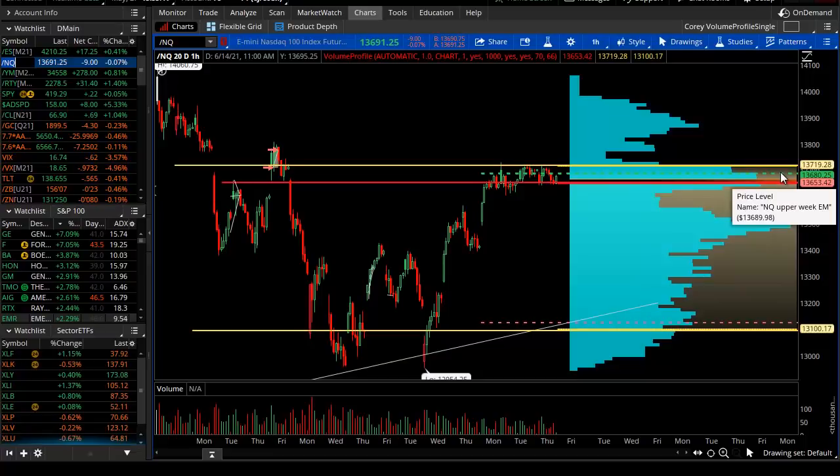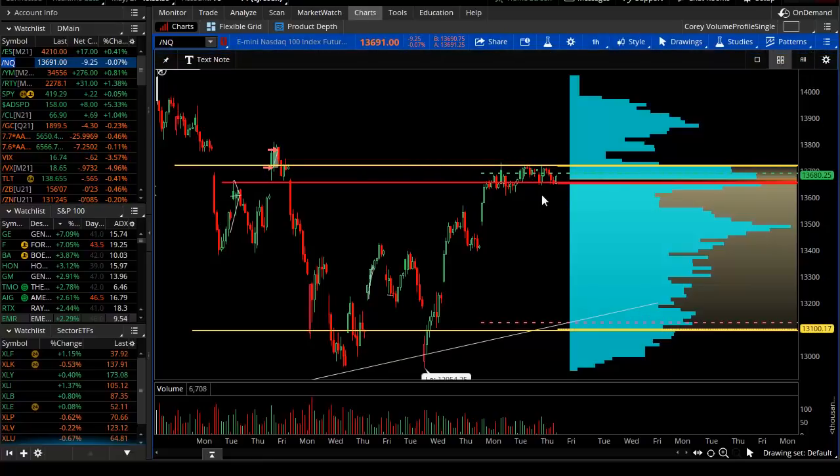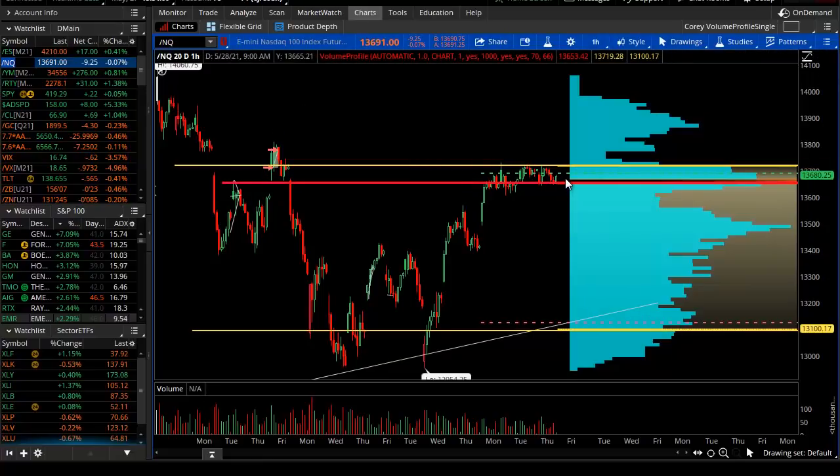So that weekly expected move I have a little bit different, but it's 13,000 at about 680 for the Nasdaq, and that's where we find ourselves going into the end of the week. Top of the profile is about 13.7 for the Nasdaq futures, and of course QQQ would play into that as well. That means the next swing in the market has a higher probability of being down.